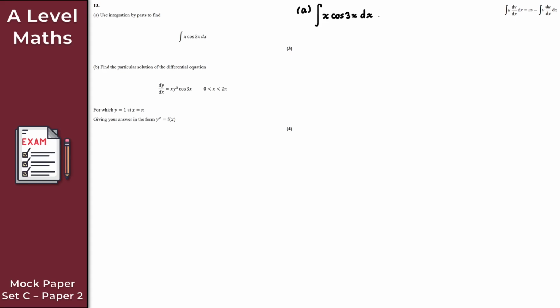Now to begin with, what we need to do is choose u and also v prime. So for u here, it makes sense to choose x, right? Because if I differentiate x, I simply get 1. So u here is equal to x. And as we've just mentioned, u prime is 1.